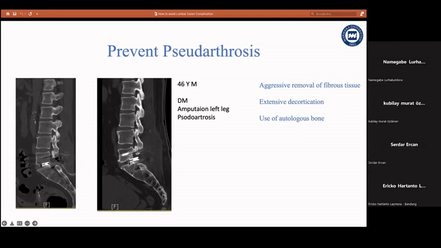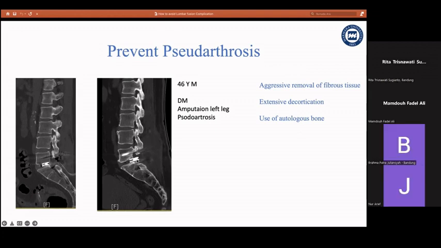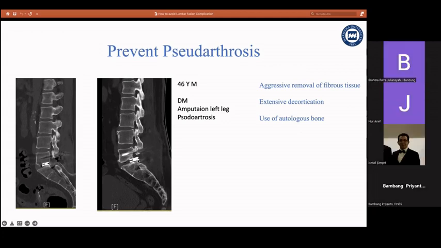This is non-union three months later. It is very easy because this is a titanium cage. Sometimes we use an interbody cage that is fully metal, but we need to use autologous graft inside. If we use only this cage without any autologous graft, sometimes we can't achieve fusion. This is very simple, very easy, but we need to be careful using these devices.